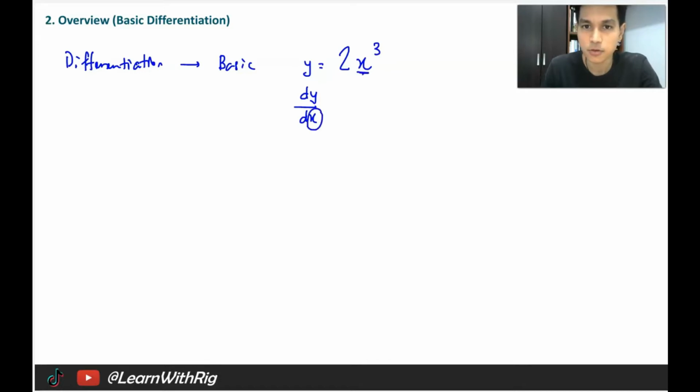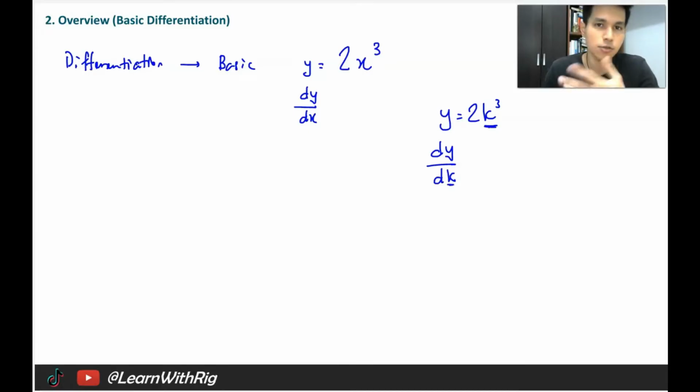If, for example, you have y equals 2k cubed, when you differentiate this, it becomes dy/dk, because you're differentiating equation y in terms of k. So I'm just teaching you how to write this.